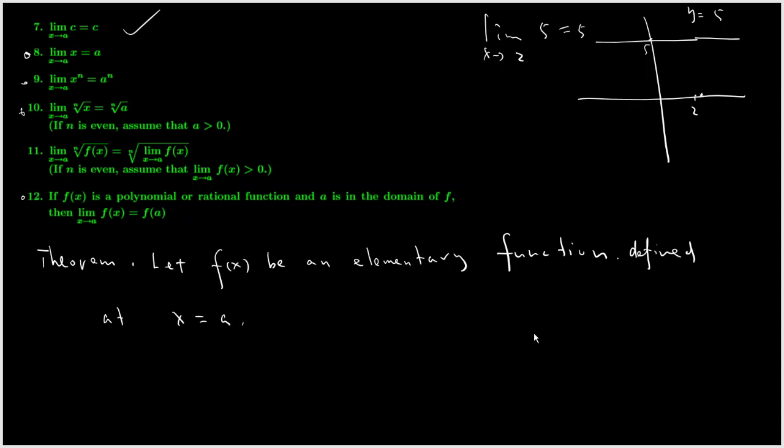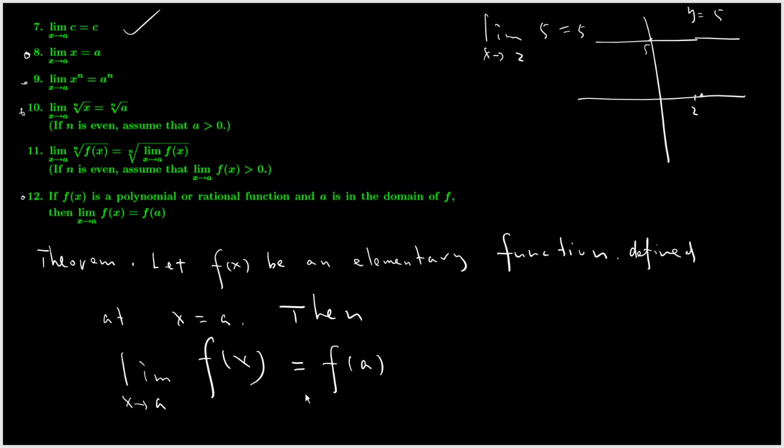If that is true, then to evaluate the limit of the elementary function as x approaches a, all we need is that the limit of the function as x approaches a is equal to the value of the function at a. Again, I want to repeat the conclusion.